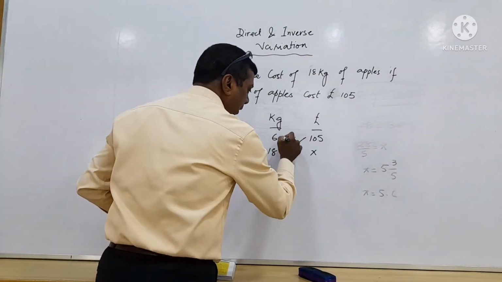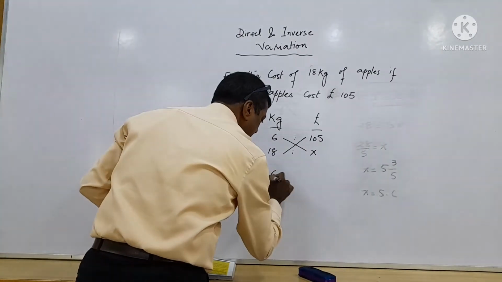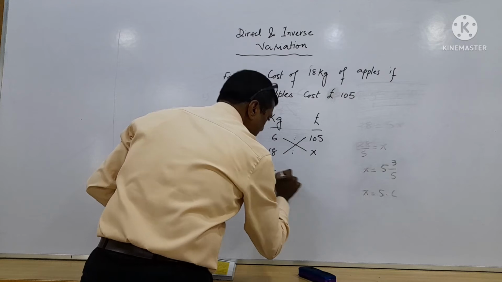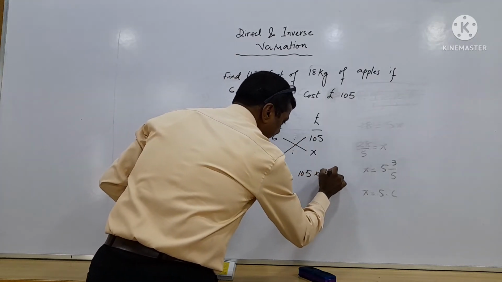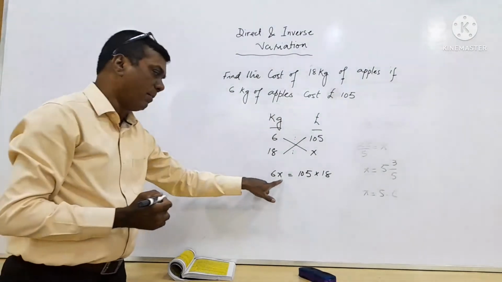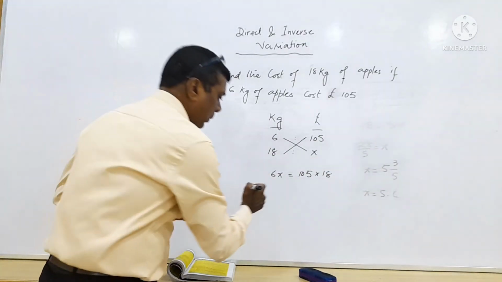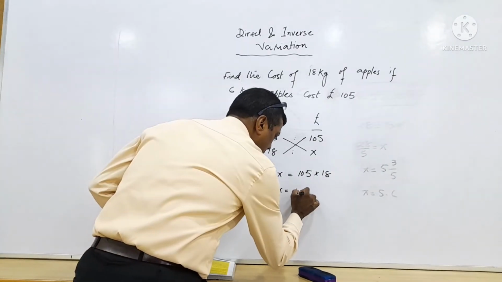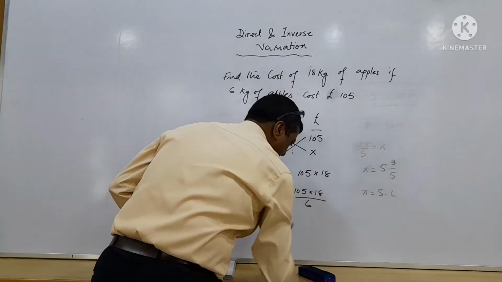Okay, so I'm going to do it like this. 6 multiplied by x equals 105 multiplied by 18. Then this 6 which is multiplying here, if I take it to my right side, it will divide. So I can say my x is equal to 105 times 18 divided by 6.